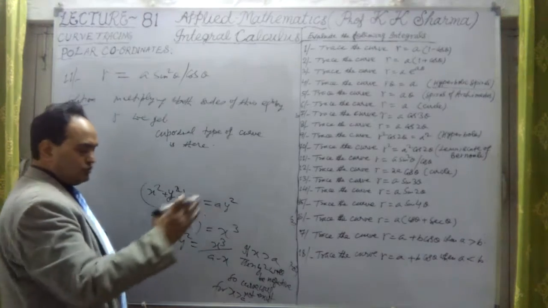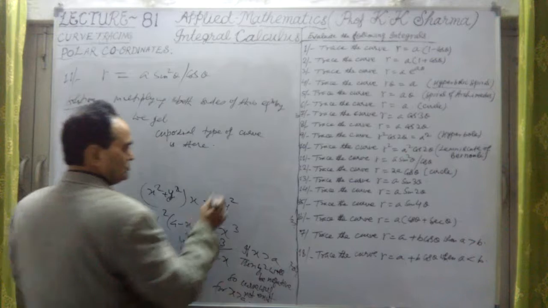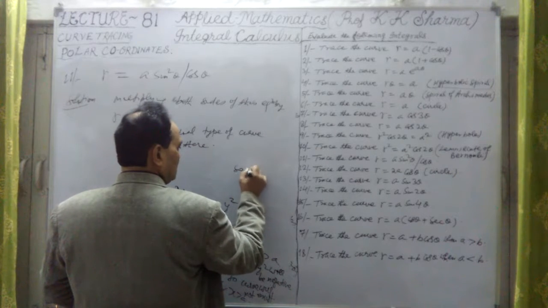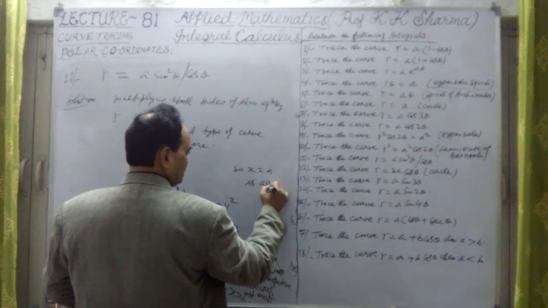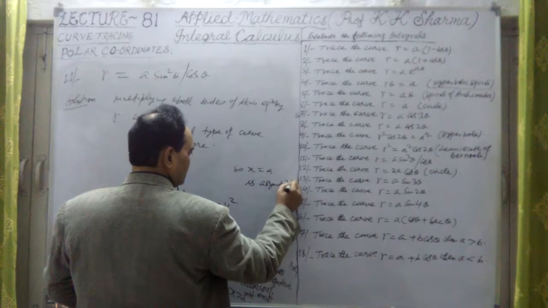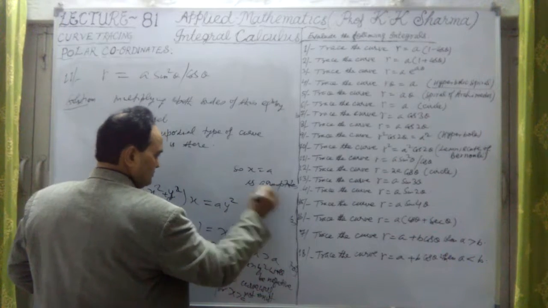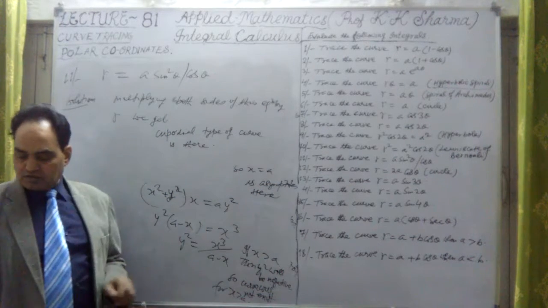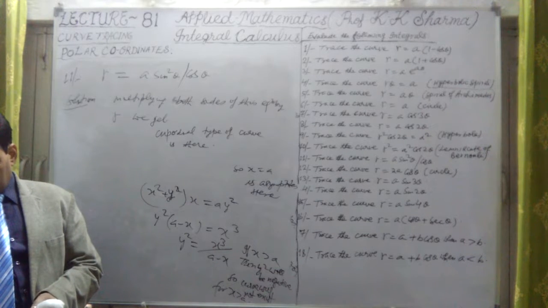It means x equal to a is the asymptote here, because beyond that the curve is not lying. The curve will not lie beyond that value.